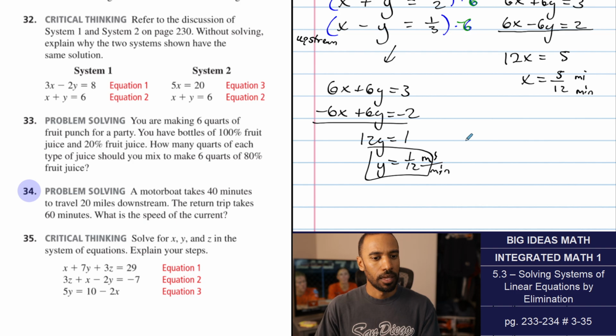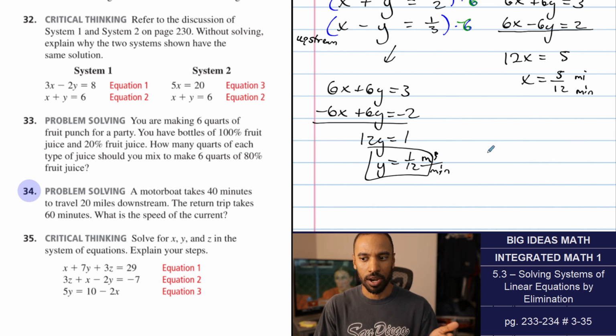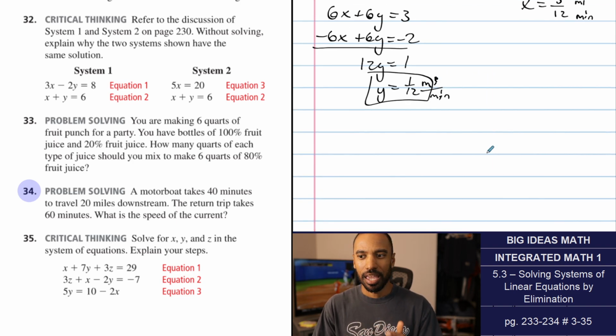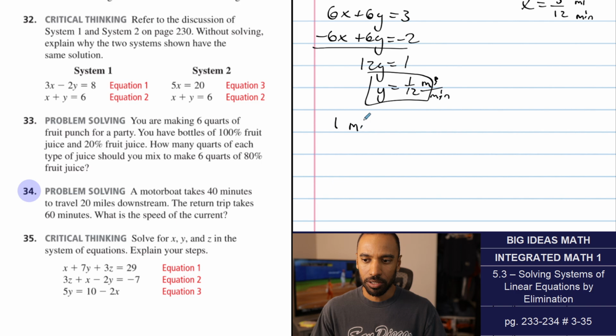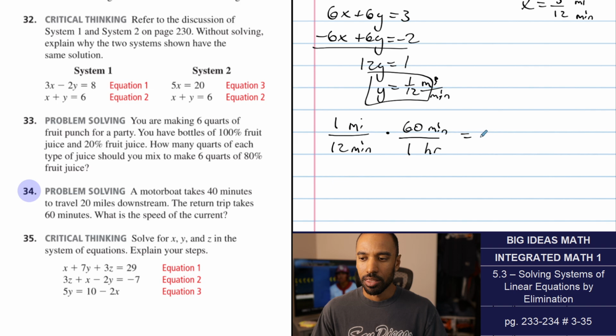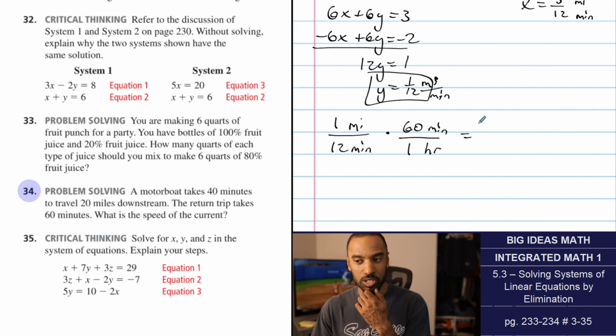Now, they said, what is the speed of the current? That's in miles per minute. I feel like the fraction answer is kind of weird. How about miles per hour? If this was 1 mile every 12 minutes, to convert to miles per hour, there are 60 minutes in 1 hour. I wonder if we should have just done miles per hour from the jump.